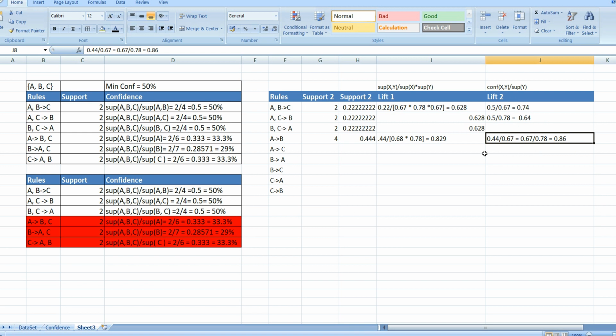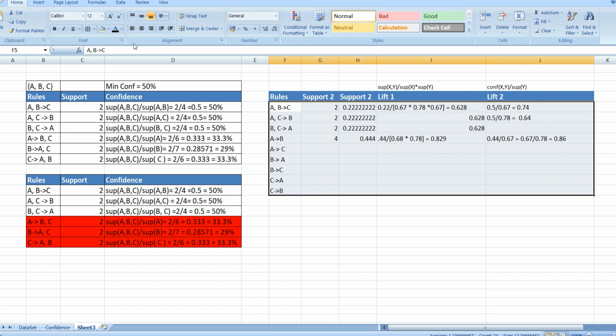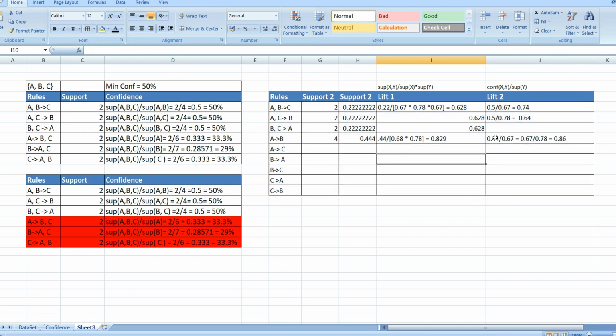So you can go ahead and do the computations of the other values. Now we need to consider the results of all the calculations that we have and evaluate the lift.